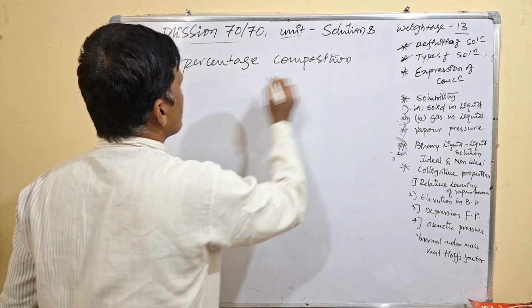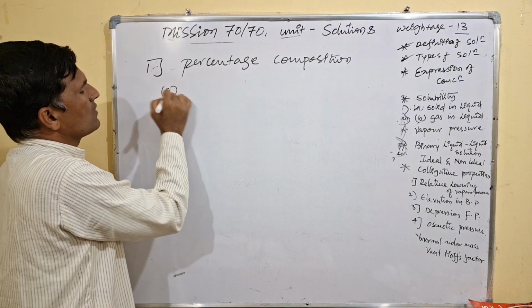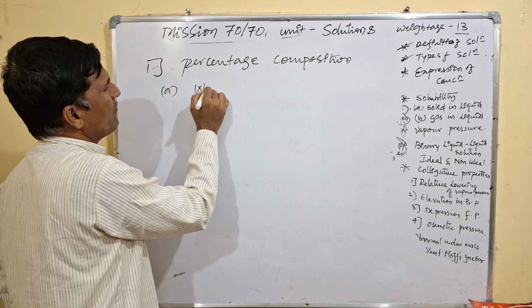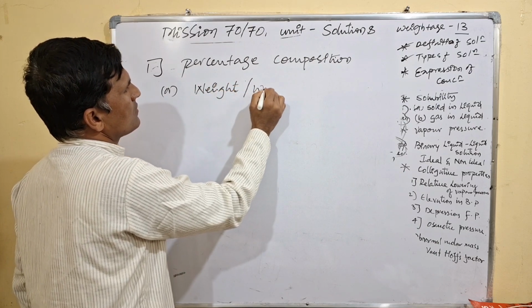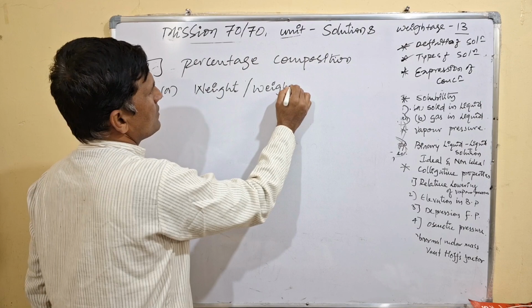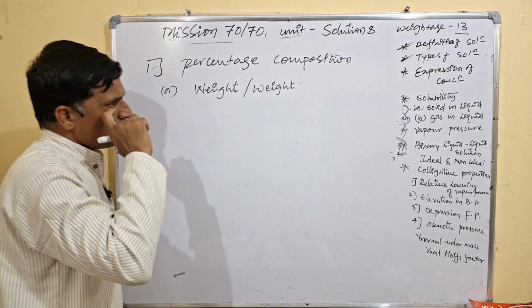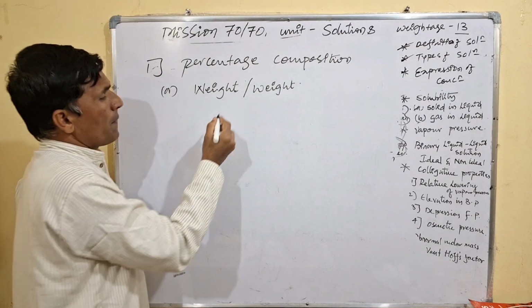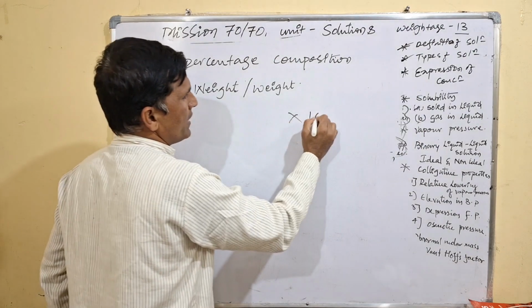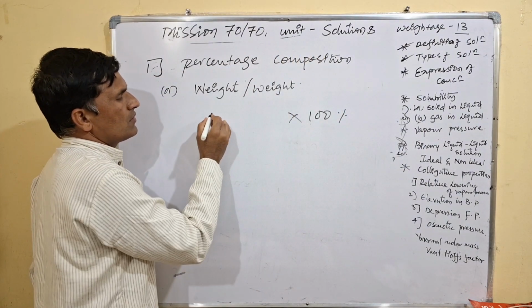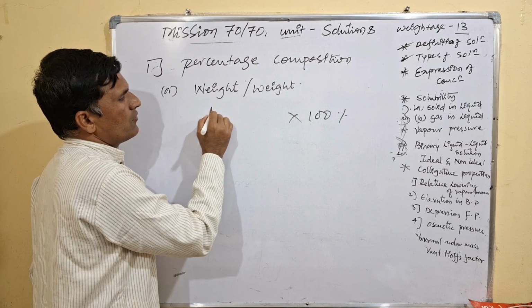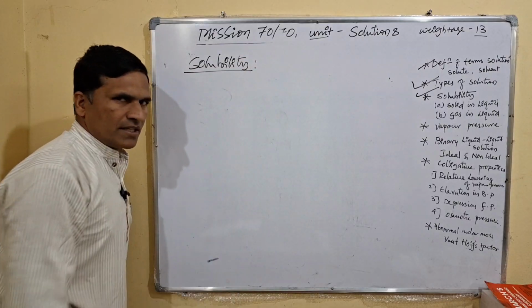This percentage composition we express in terms of weight by weight. Everything will be multiplied with 100, because we are saying percentage composition. What do you mean by solubility? Let us understand.